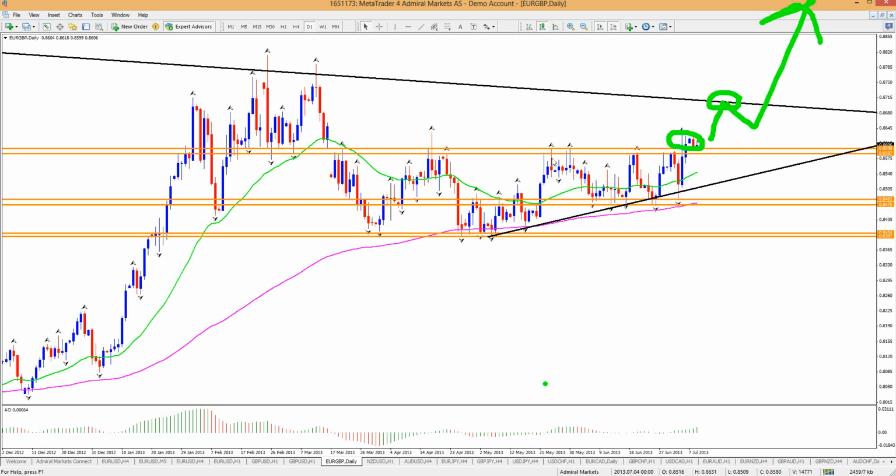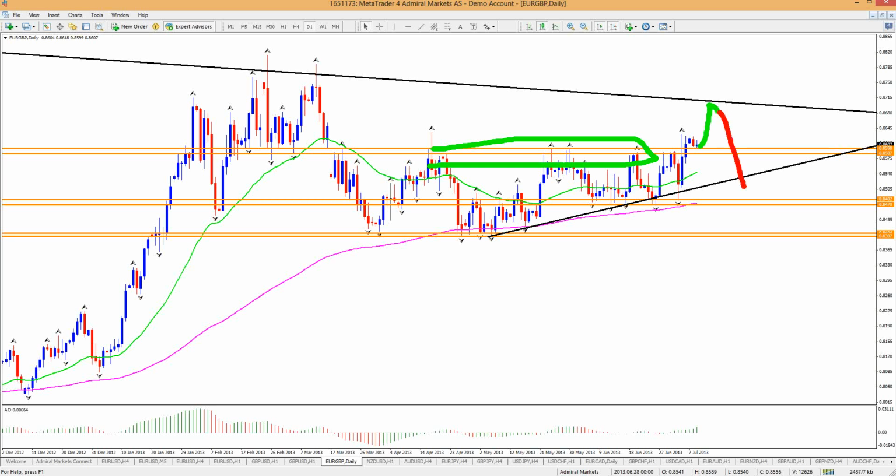So anyhow, to come back to the point, that's the euro pound, right? So interesting break of that top here. So we might make that move up, and then I will have to see if we get a move back down, or do we indeed break it, right? So let's go back to the euro in any case.